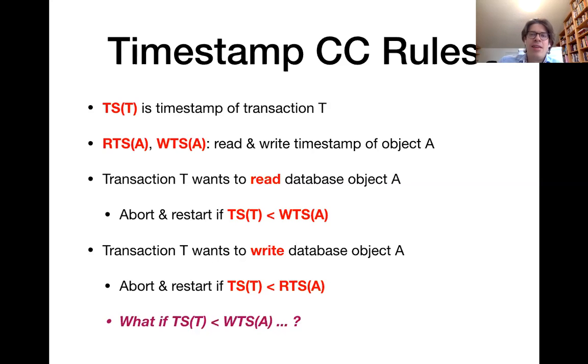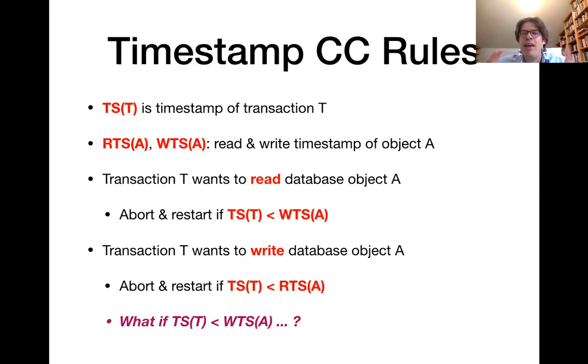Here I outline those rules that we have to verify, and if a transaction tries to do an operation that would violate one of those rules, then this transaction is aborted and restarted later. So here we use TS of T as the timestamp of a transaction, and RTS of A and WTS of A are the read and write timestamps of the object A.